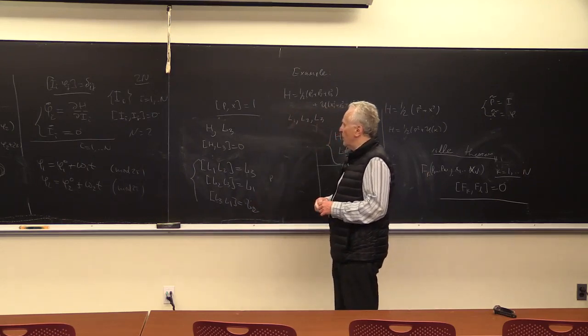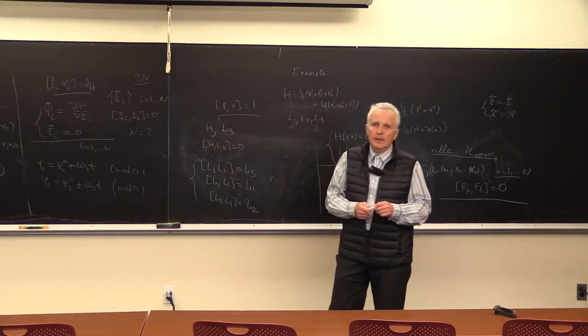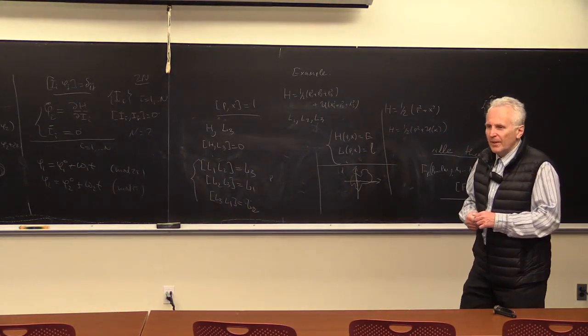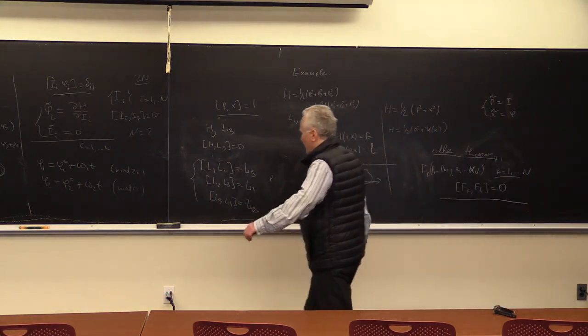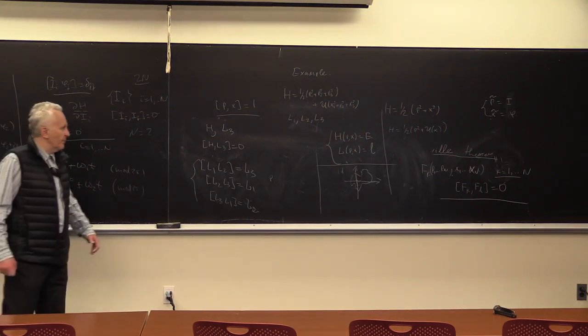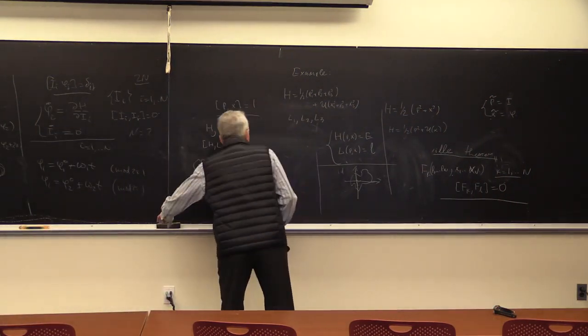All right, so we need one more, which will commute with the Hamiltonian and with L3. Guess what it is? L squared. Yes, very good.